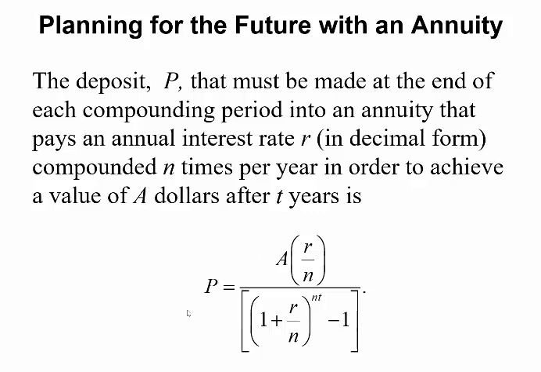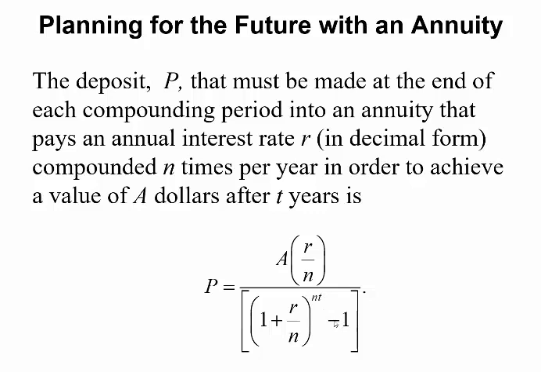So P, the amount I have to deposit, is equal to the value of the annuity I want it to have, like if I want it to be $1 million or $20,000, whatever. So the amount of the annuity A times R divided by N, whatever that comes out to be, divided by, in parentheses, 1 plus R divided by N raised to the N times T power, minus 1.